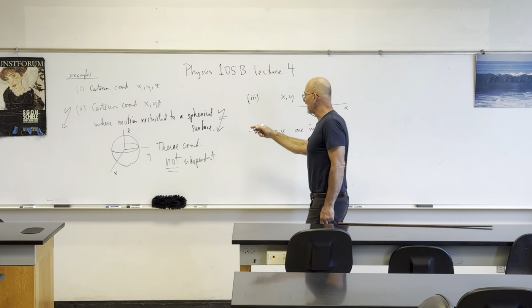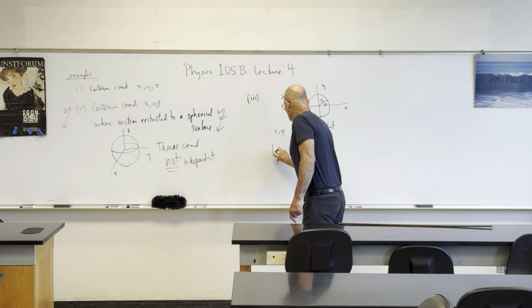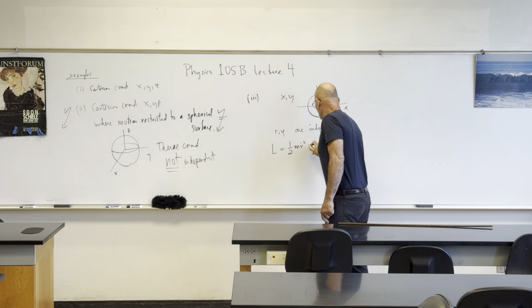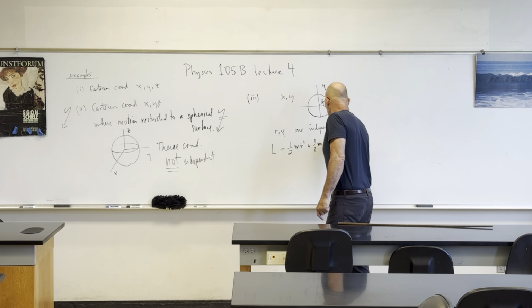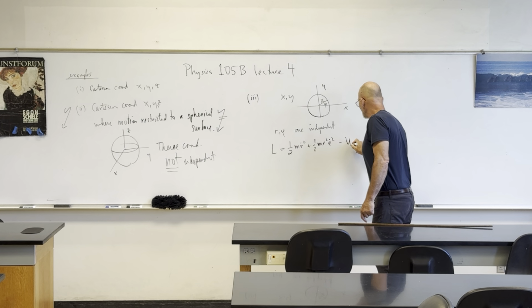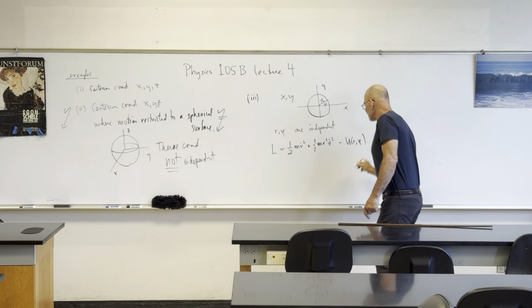What we do is we take the Lagrangian that we had in plane polar coordinates, we'll just write it out, plus 1/2 m r squared phi dot squared minus U of r and phi.